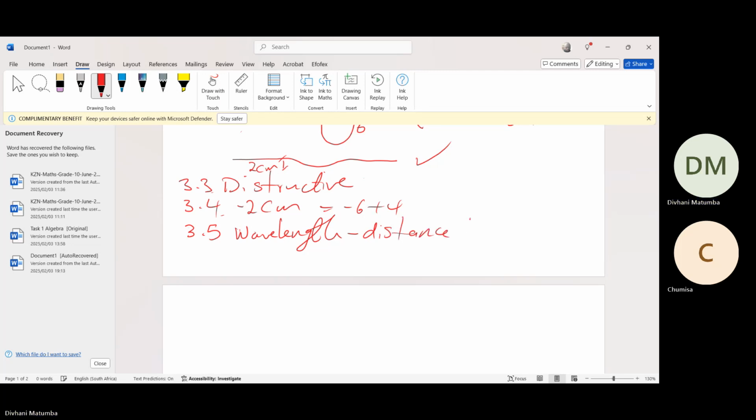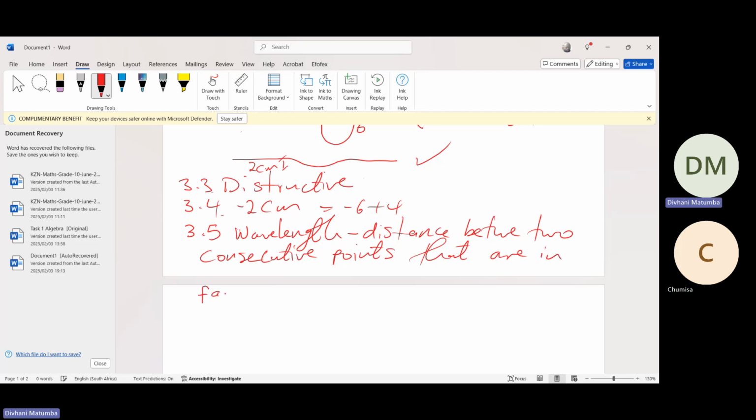Distance between two consecutive points that are in phase on the wave. Okay, sharp. That's 3.6.1.